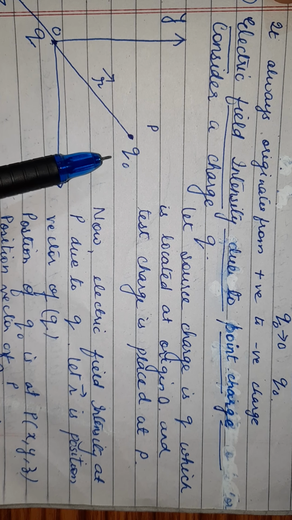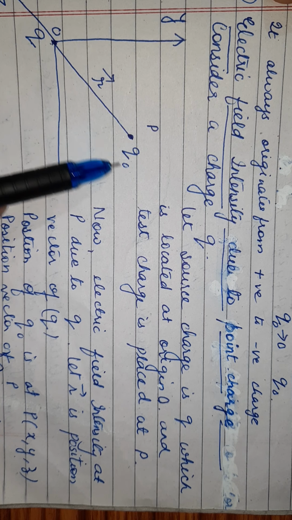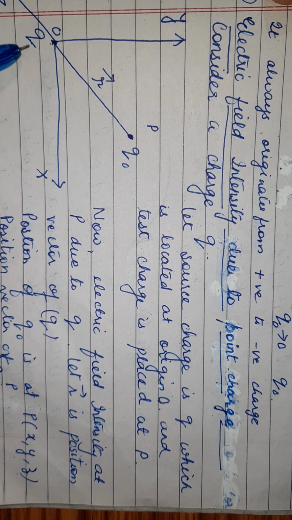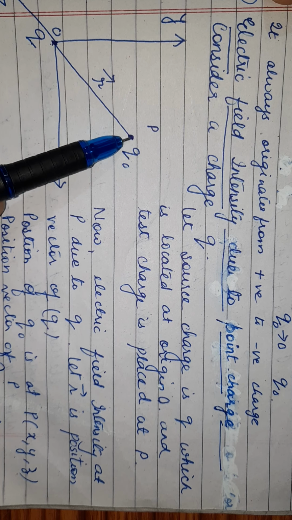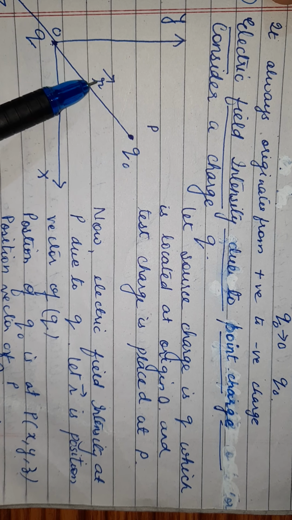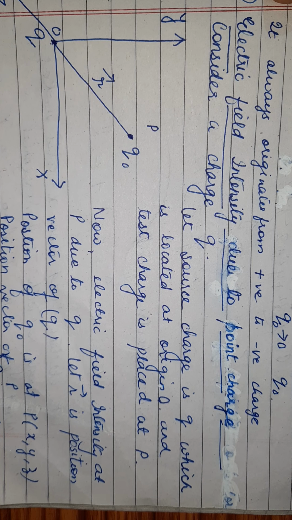There is one more test charge. The test charge, you all know, is a very small charge which has a negligible field. Its field does not affect the field of this source charge. This test charge Q0 is located at P.